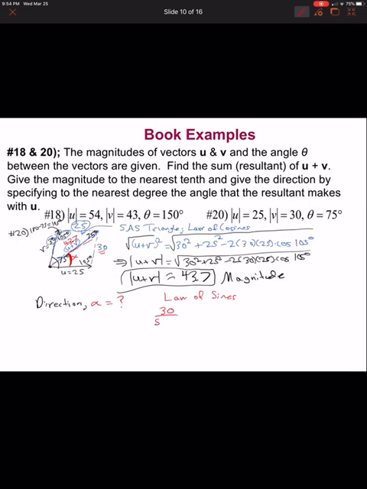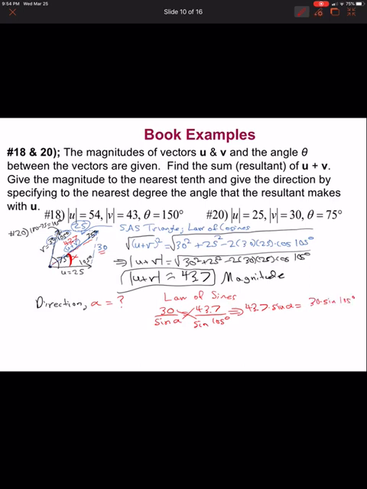So 30 divided by the sine of alpha equals what? What other ratio can we use in this triangle at the bottom? 43.7. We can use the resultant vector, the diagonal, its length, divided by the sine of the angle opposite, which is 105 degrees. And then we'll take the cross products and set those equal. So that's 43.7 times the sine of alpha equal to 30 times the sine of 105 degrees.